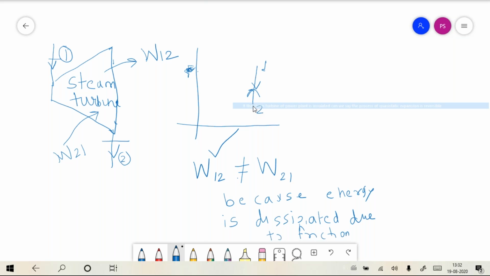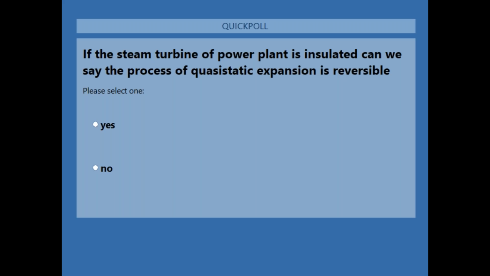Okay, and we are talking about a reversible process. This question is designed to confuse you a bit.